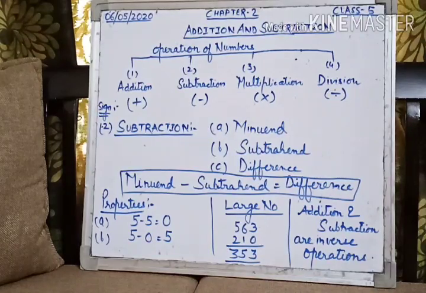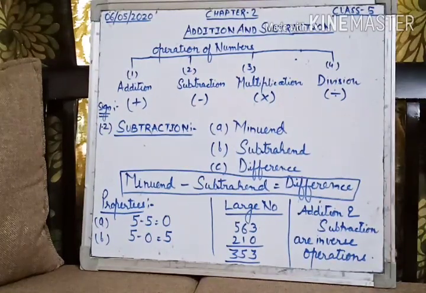Now what is this minuend? The number from which we are subtracting, that means the bigger number. The bigger number from which we are subtracting is called the minuend. So whenever you are doing subtraction, the minuend will come first, the bigger number. Then we switch to the second term, that is subtrahend.